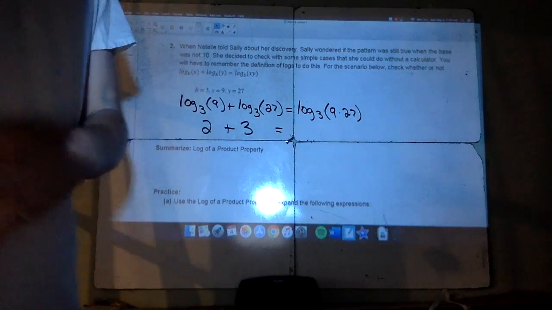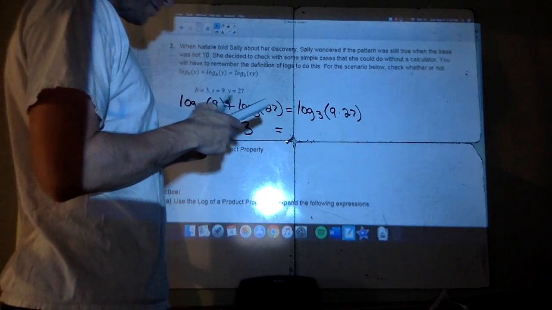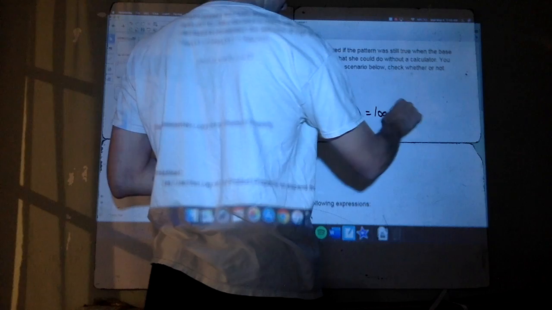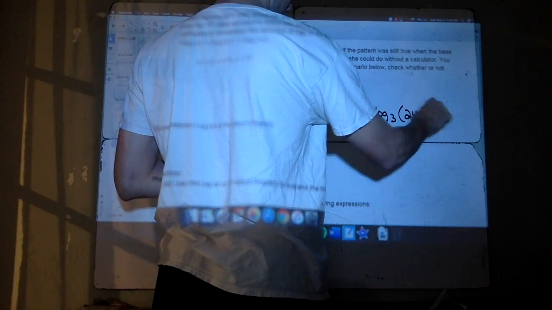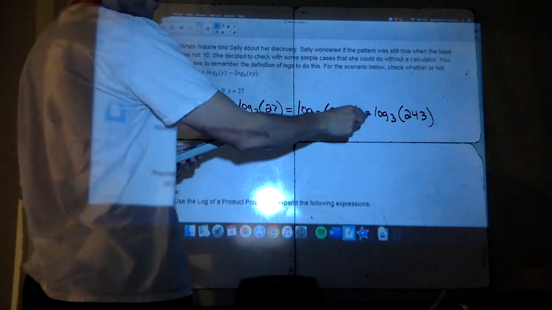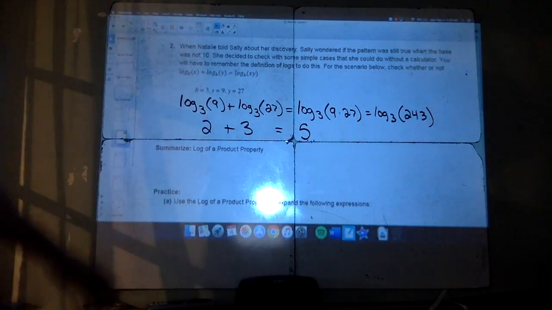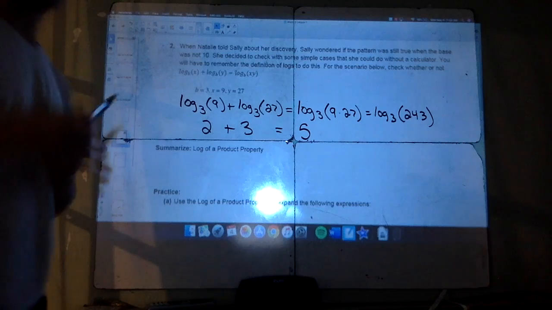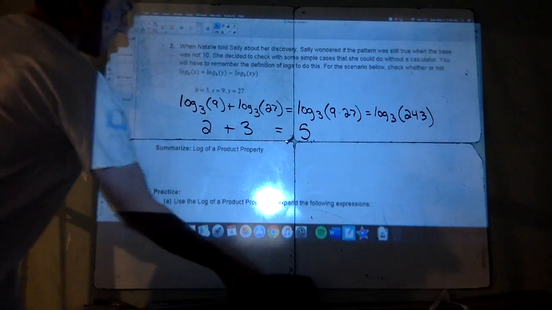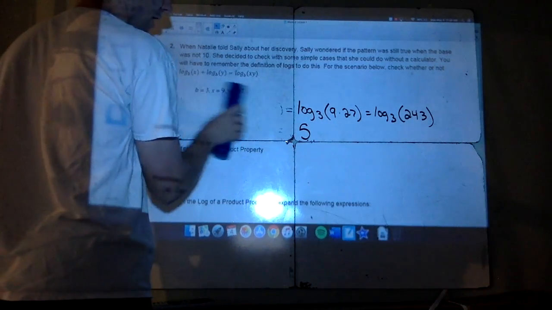So I'm just going to get a calculator. 9 times 27 gets us 243, so this becomes log base 3 of 243. And we can see 3 to what power is 243? It's actually 5. So 2 plus 3 equals 5. This holds true. So that is our first log property.